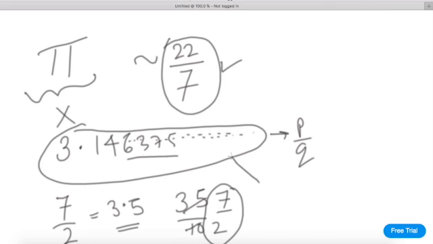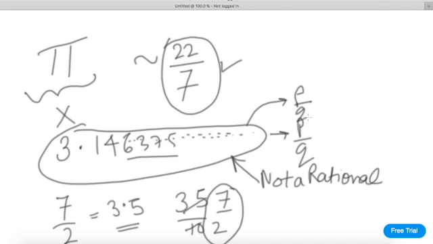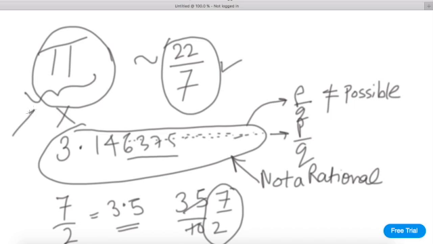Now for this number, which is not a rational number, how to express it in the form of P by Q is not possible, because it is just going to the infinite level and we cannot express it in the form of P by Q. And hence pi, just an example in physics, is not a rational number, whereas its approximation is a rational number.